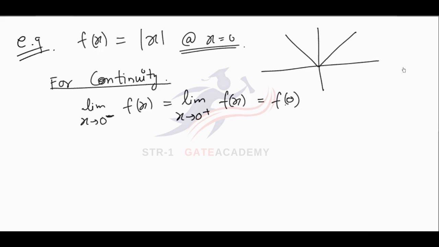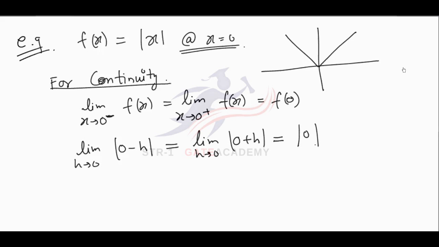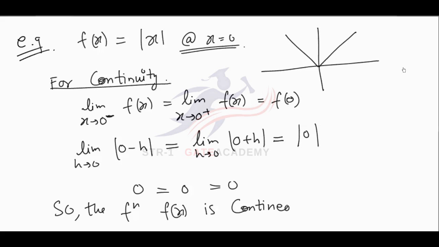So the limit as h tends to 0 of modulus of 0 minus h is equal to the limit as h tends to 0 of modulus of 0 plus h, which is equal to modulus of 0. Whether it is minus 0 or 0, it is 0 equals 0 equals 0. So yes, the function f x is continuous at x equals 0.